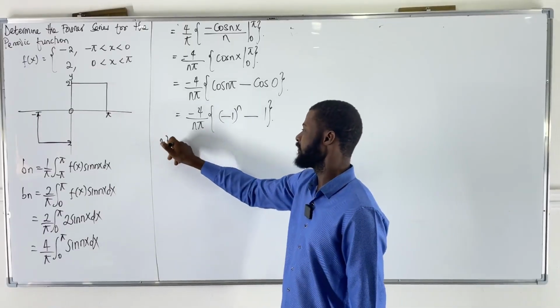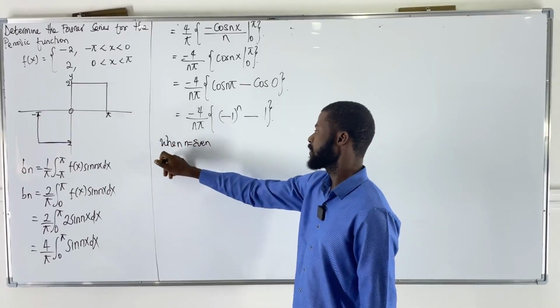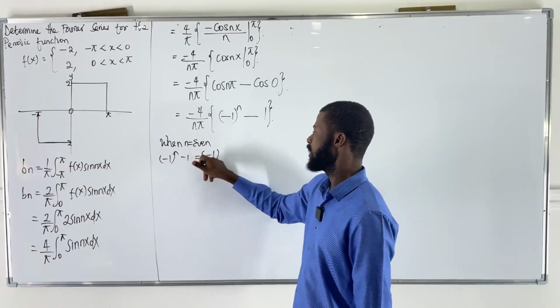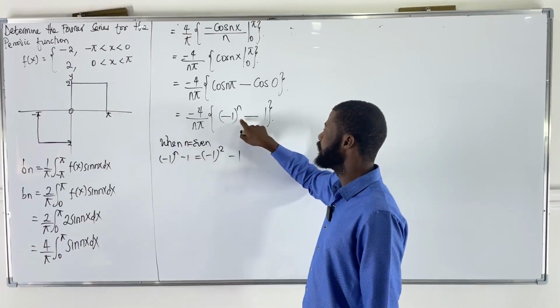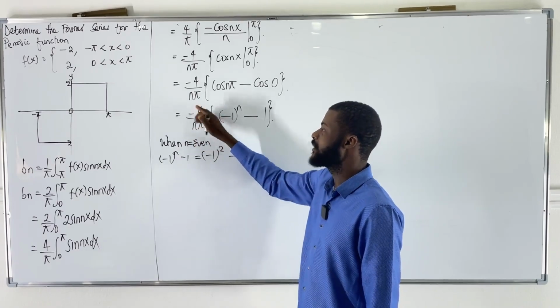So when n is even, what's going to happen to this? We've got minus 1 to the power of n, minus 1. Let's say n is 2, for example. Remember, we're only dealing with this bracket here, because this n here outside has a different behavior entirely.